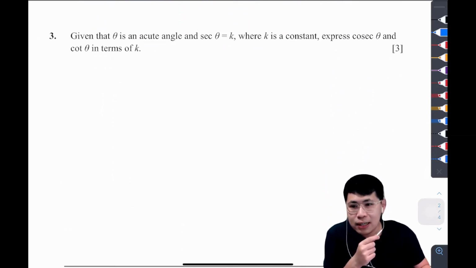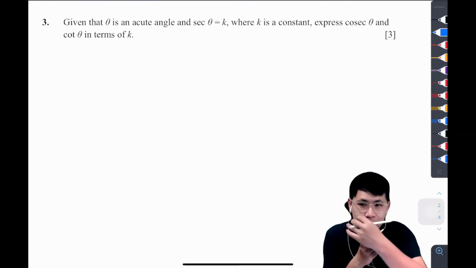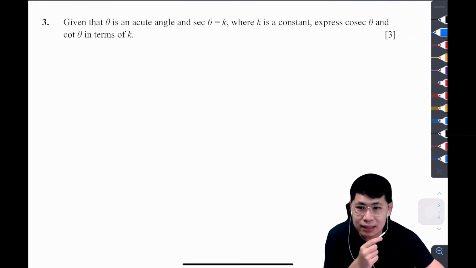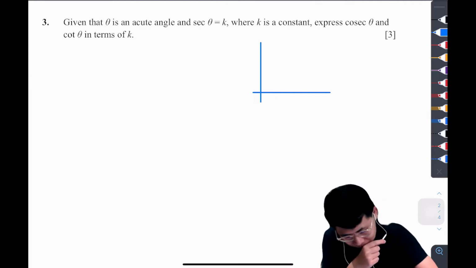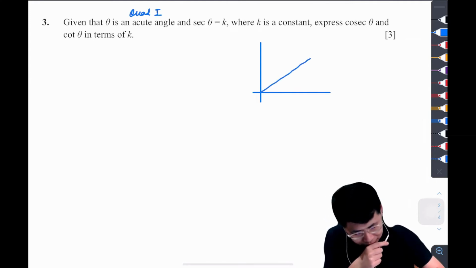Alright, question 3. Given that theta is an acute angle, secant theta is k, where k is a constant, express cosecant theta and cotangent theta in terms of k. Theta is an acute angle, very nice, so it will be in quadrant 1. Let me draw out this angle in quadrant 1 over here.